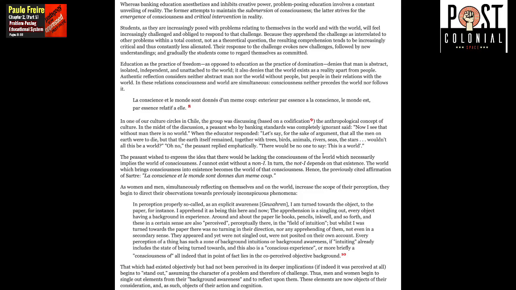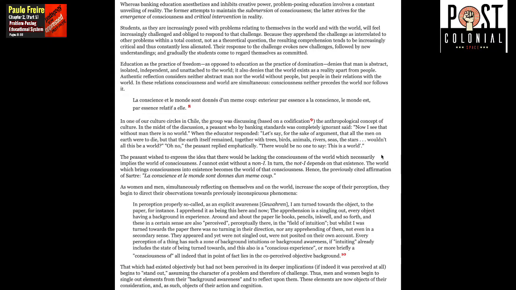In one of our culture circles in Chile, the group was discussing, based on a codification, the anthropological concept of culture. In the midst of the discussion, a peasant who by banking standards was completely ignorant, said, "Now I see that without man there is no world."